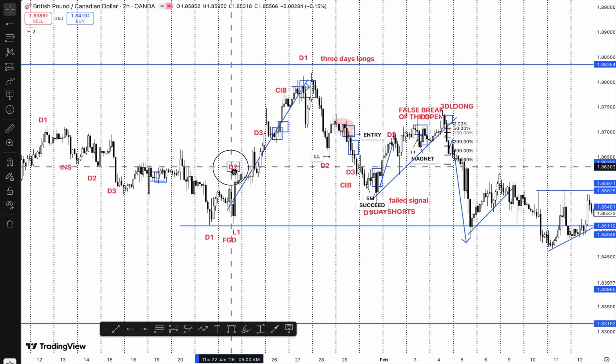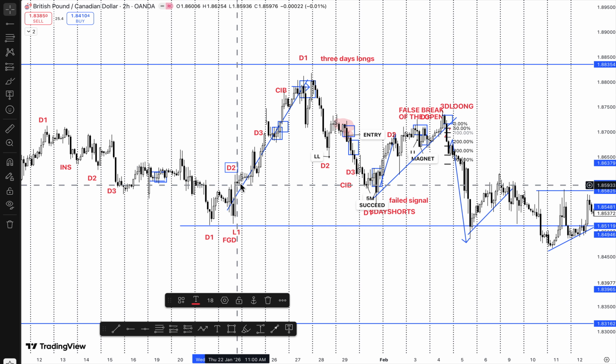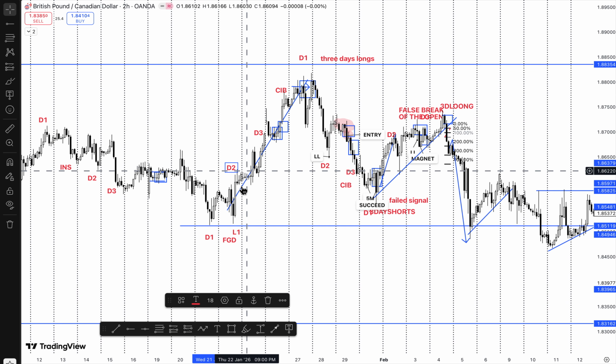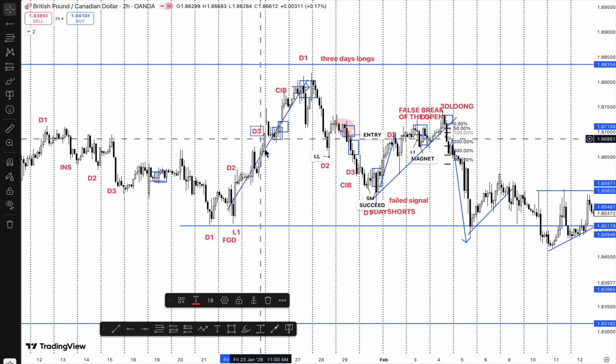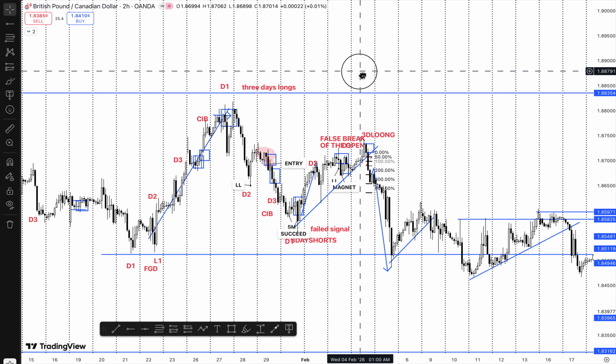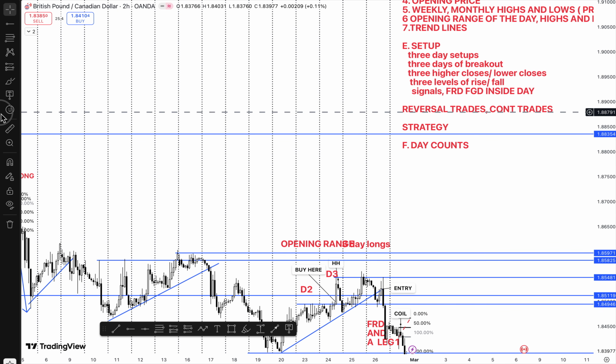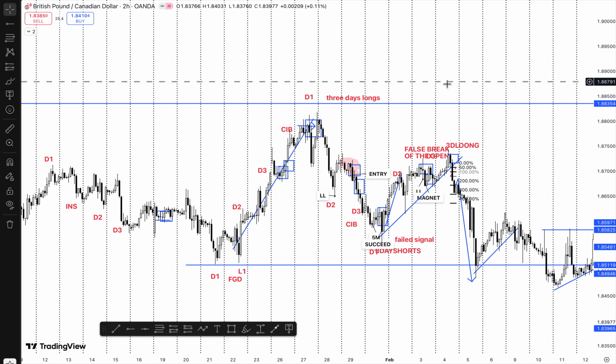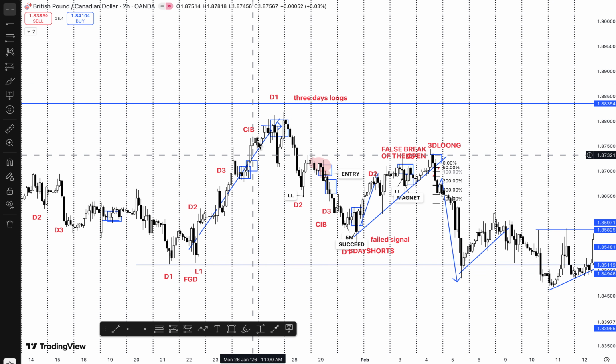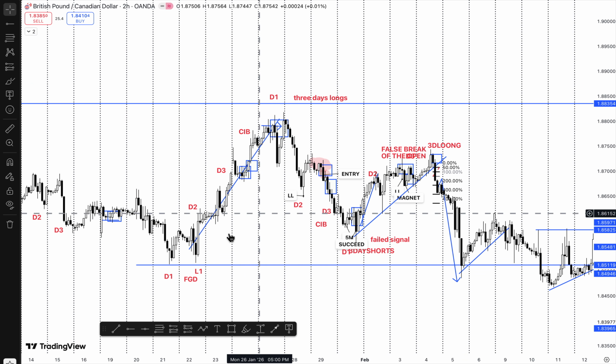Day 2 breaks out, close as a signal. We have buying opportunities. Okay, day 3, we continue the trend. Remember, we want to look for trend continuations or reversal trades. Now we have market breaking out further, having higher closes.